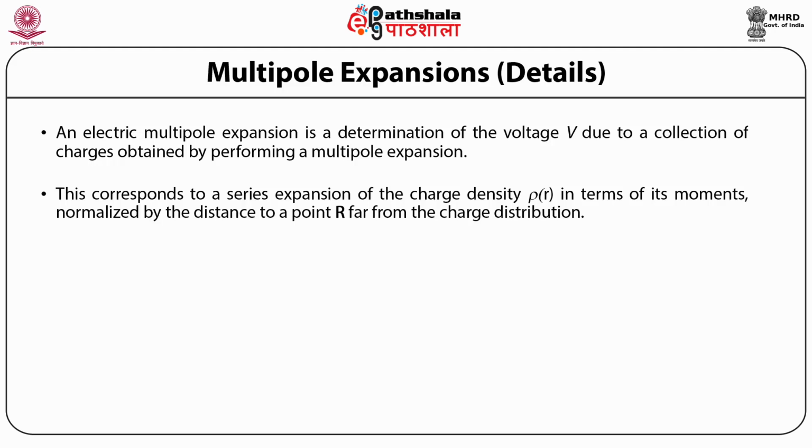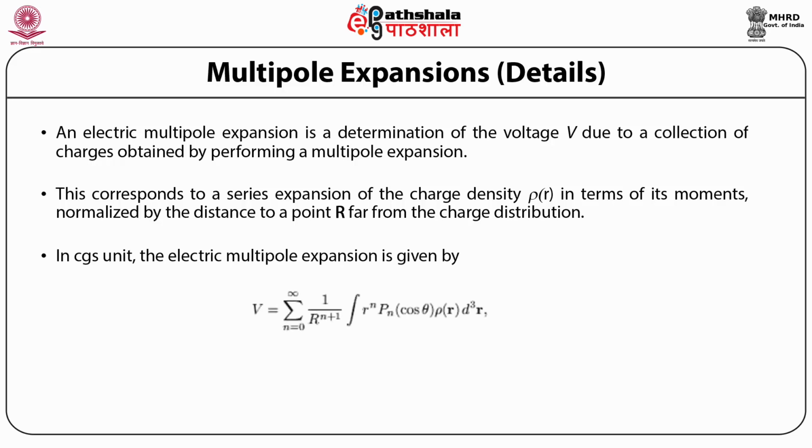So a charge density in terms of its moment can be normalized by the distance to a point R, which is shown in the previous slide, and can actually give a charge distribution. This density can create a charge distribution which can be explained in CGS units as shown at the bottom.